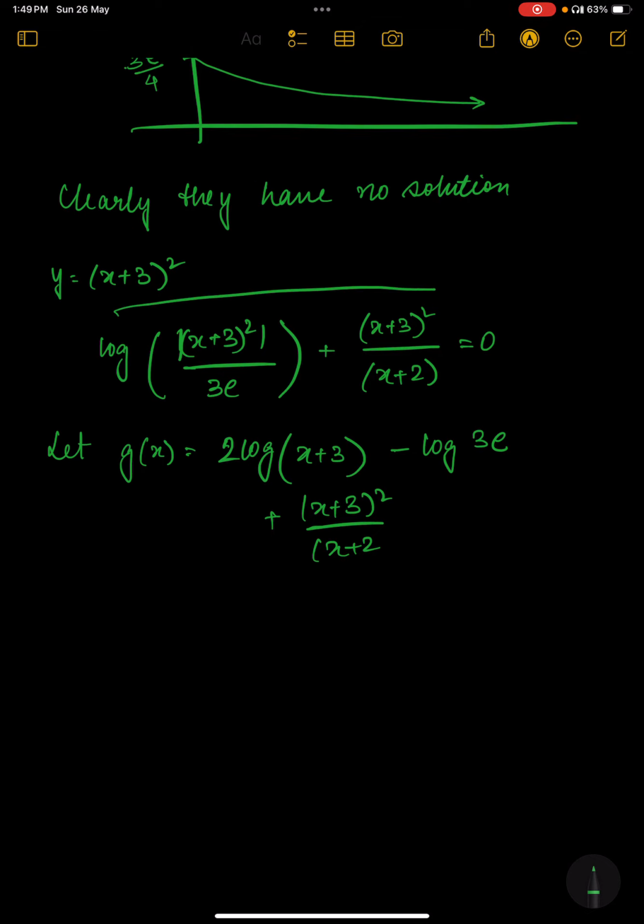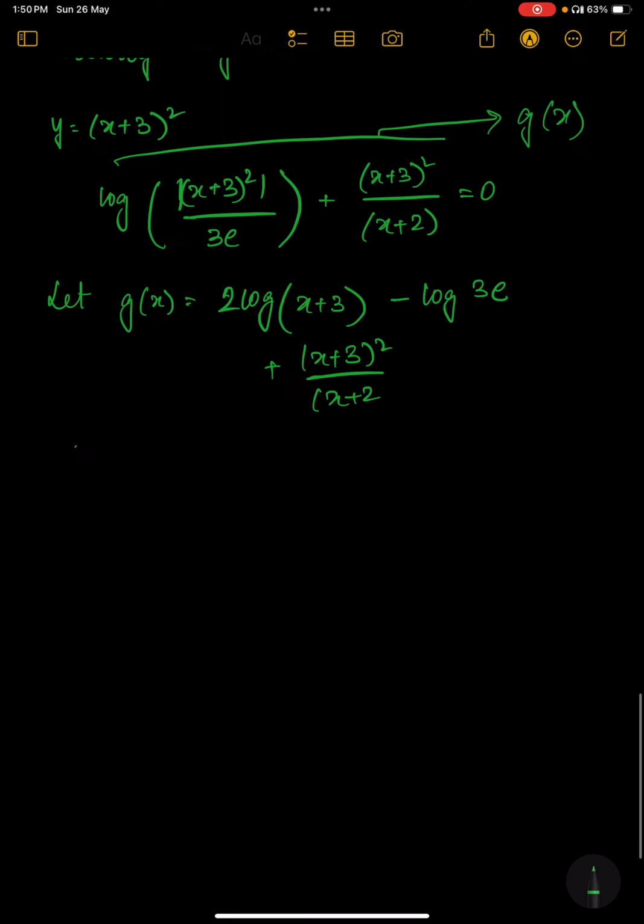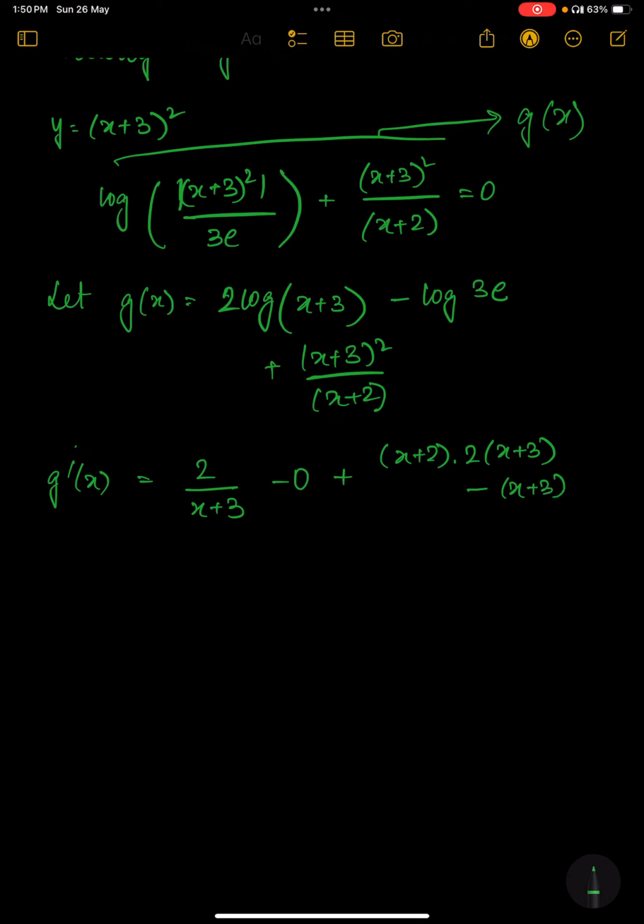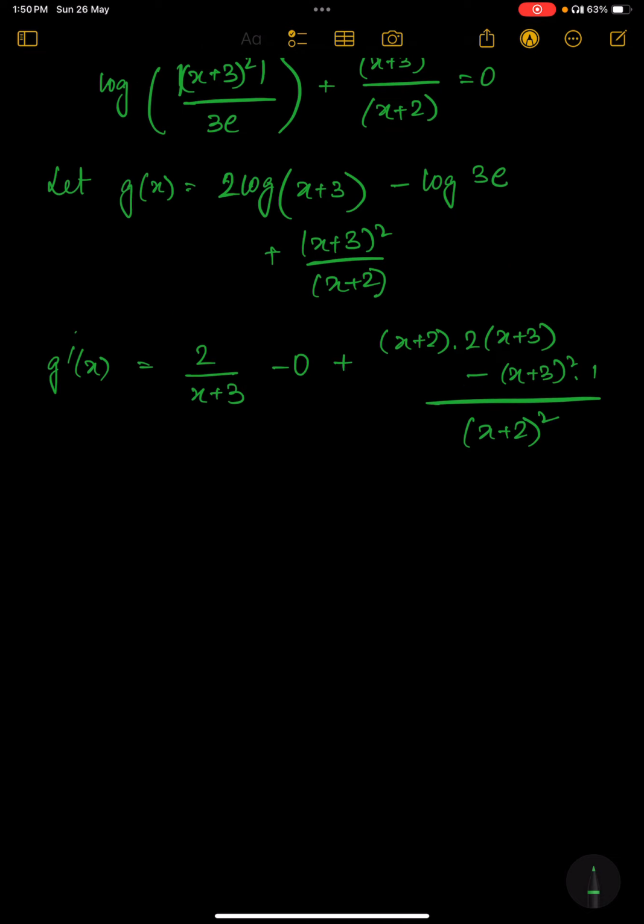Basically what I did, I took the first term and denoted it as g of x. g of x is equal to 0. Now if I take g dash of x, g dash of x will be equal to 2 by x plus 3 minus 0 plus x plus 2 times 2 times x plus 3 minus x plus 3 whole square into 1, by x plus 2 whole square. So this term is clearly, with x greater than 0, g dash of x is clearly greater than 0.